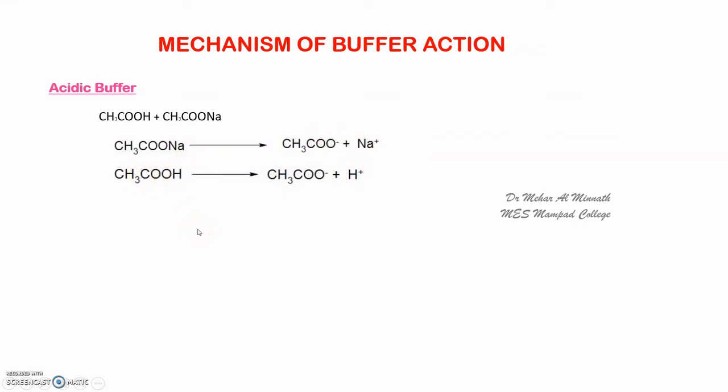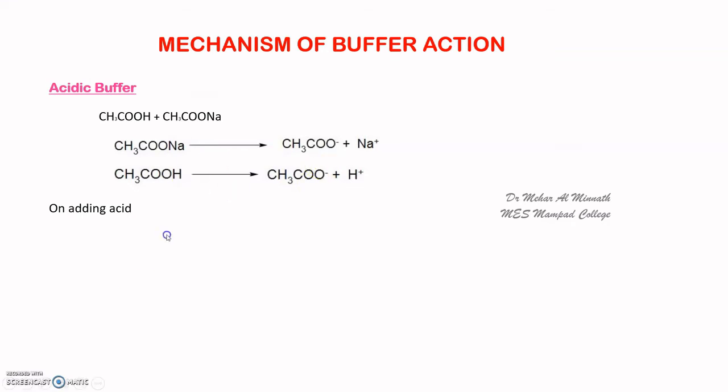Alright, now when you add some amount of acid to this buffer solution, the acid will react with either a base or a negatively charged ion. Here in this mixture, we don't have a base as such, but we have a negatively charged ion, the acetate ion.